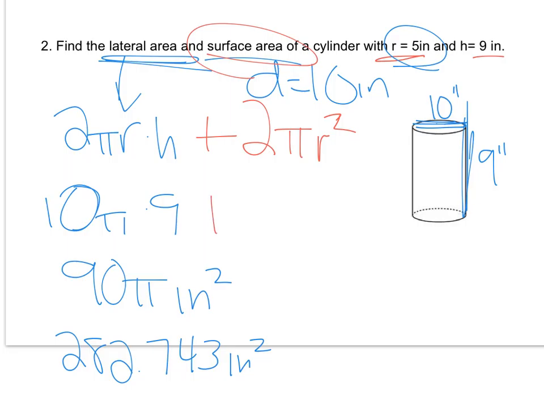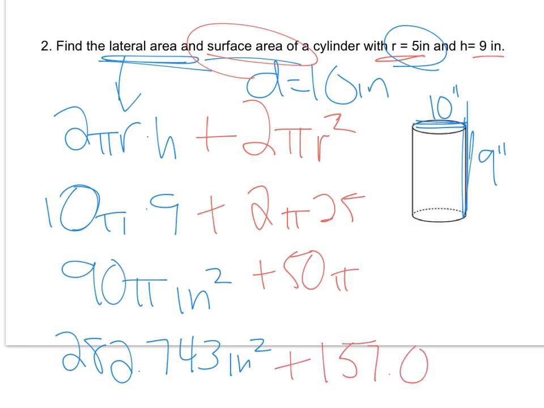Now, surface area means I have to take this and add 2 pi r squared. So that's going to be plus 2 pi 25, which is plus 50 pi. 50 pi is going to be 157.08. So my total exact answer becomes 140 pi inches squared.